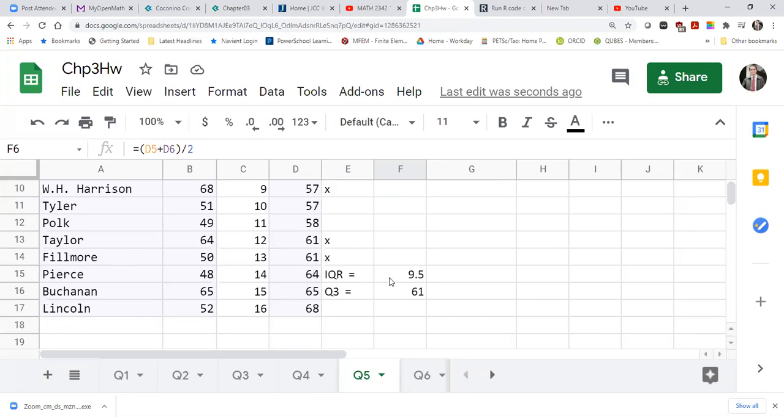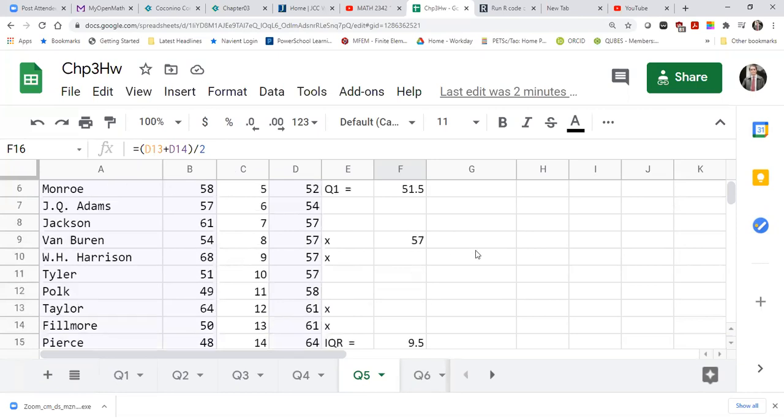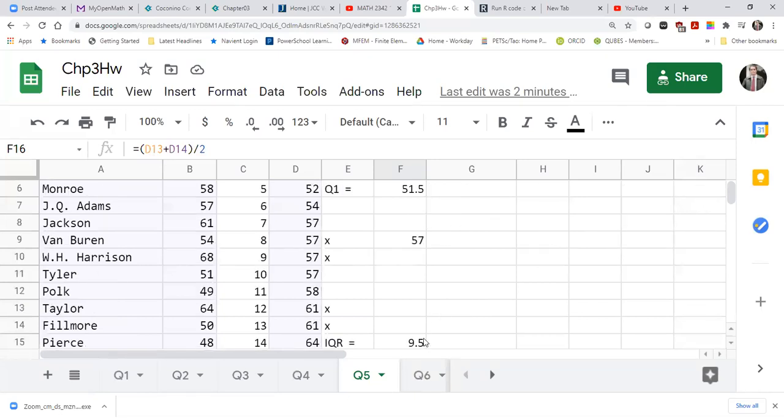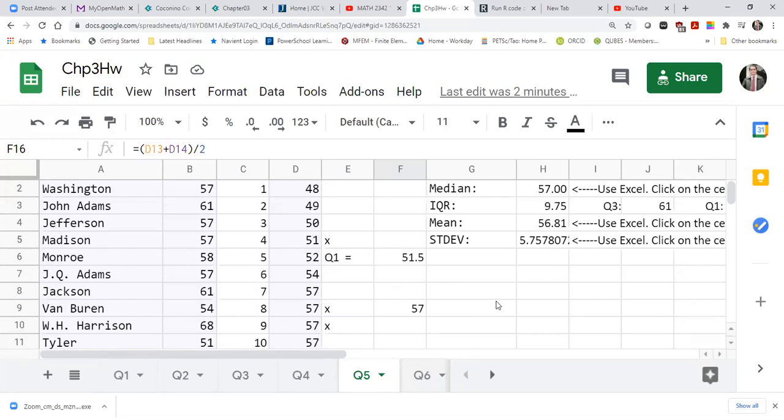So the Q3 will be D13, which is this guy, plus D14, which is this guy. If you add this and divide by 2, you got the same number. So you got the first quartile, the median, and also the third quartile.